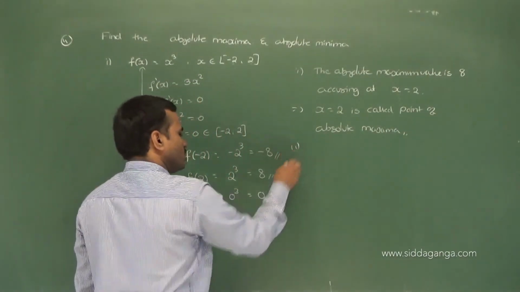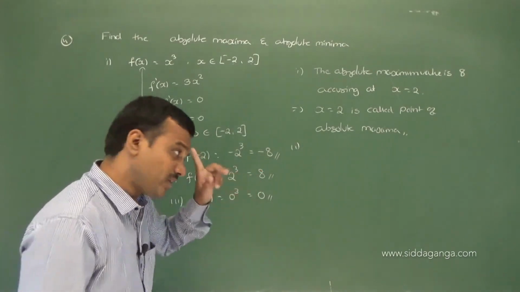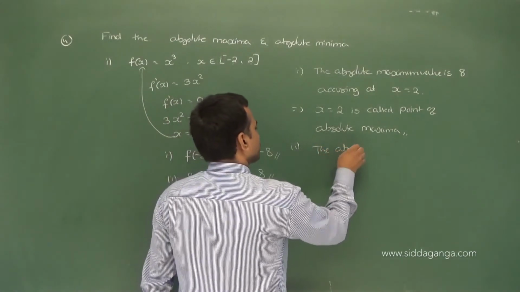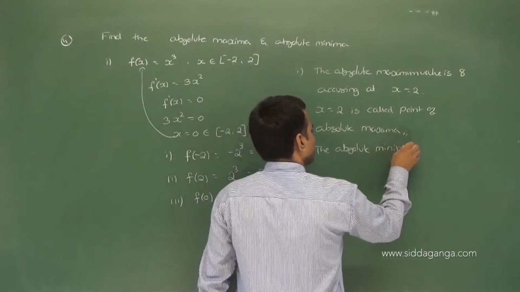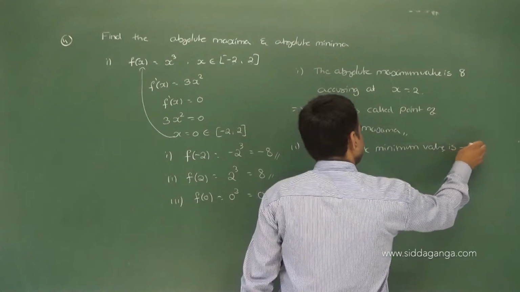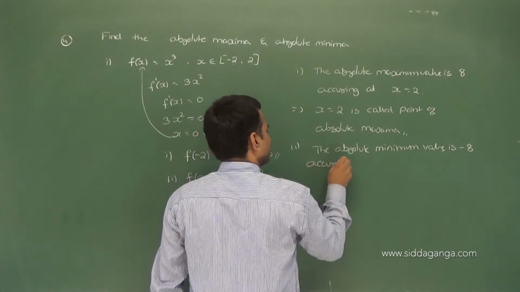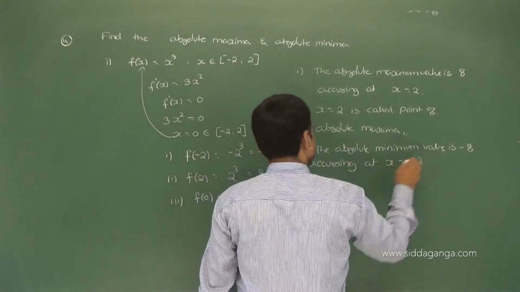Second one, among these three values, which one is least? Minus 8 or 0? Minus 8. The absolute minimum value is minus 8 occurring at x is equal to minus 2.